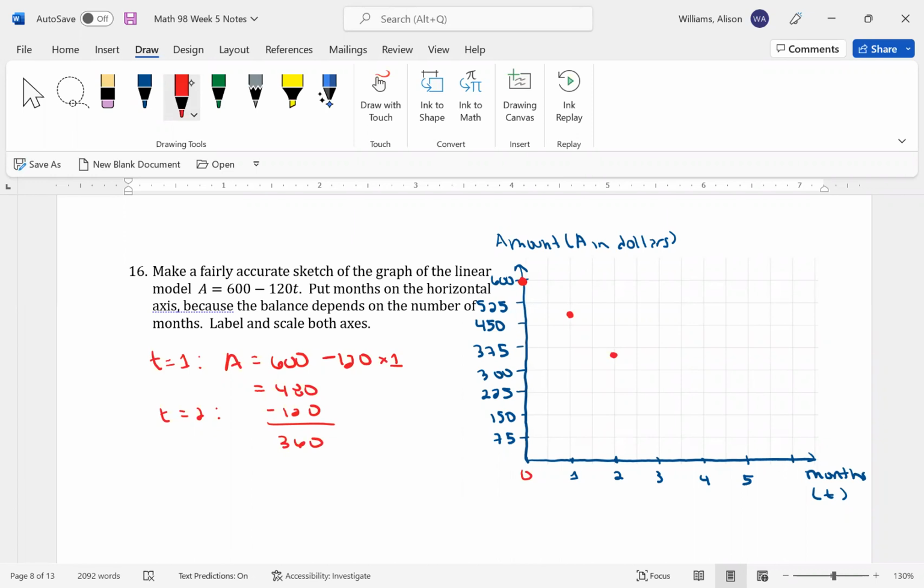That's going to be 240. 240 should be closer to the 225. 4 months, if I subtract it again, it's going to be 120. That might be pretty close to halfway, actually. And then at 5 months, it hits 0.